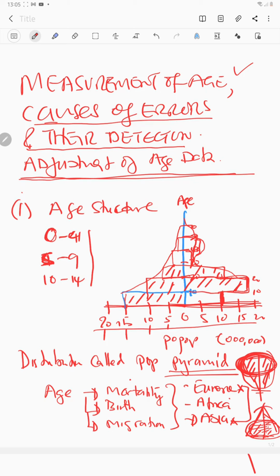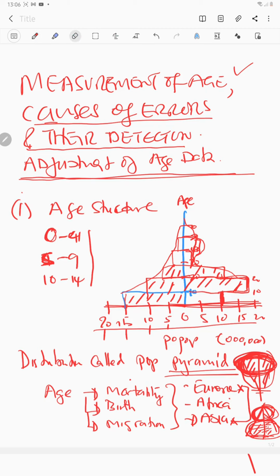Thereby, we have very few people in Africa who are working relative to the ones in Europe. That's why we have variations. Now, the bigger the number of people here, the more the economic activities, the more the industries they have, the more organized they are, whereas it's vice versa in an African context.